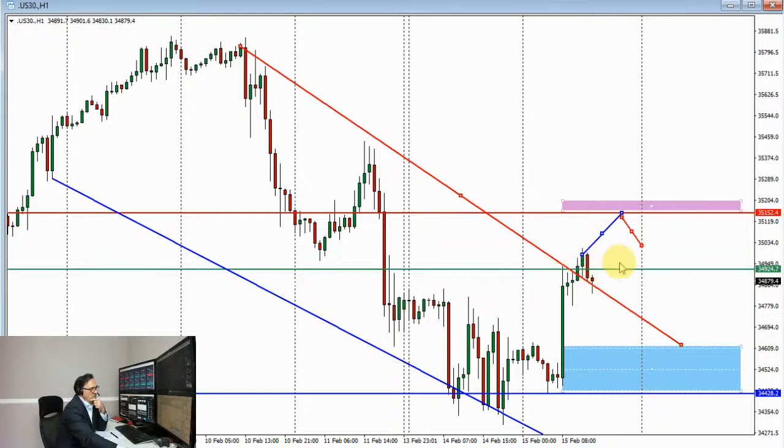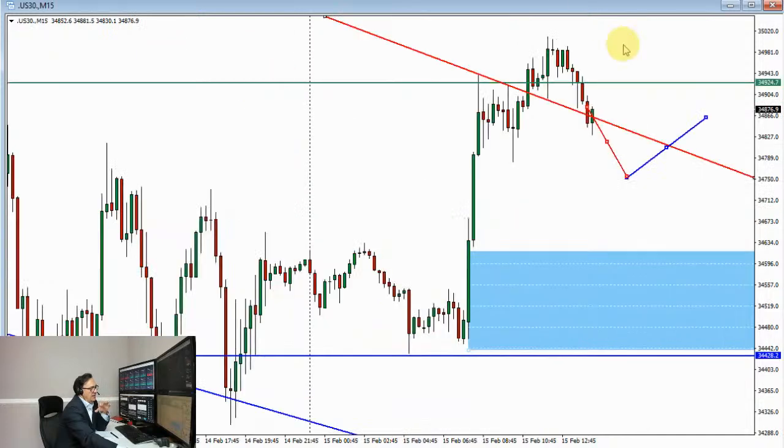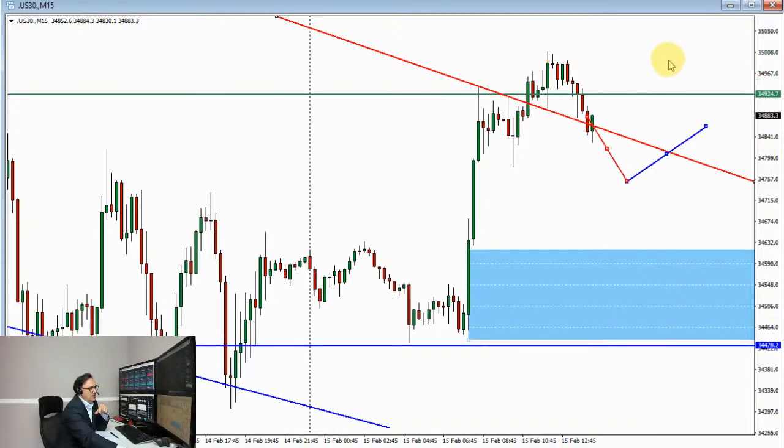Otherwise, if we see a rejection here and a dip below this zone, then that could possibly open the way for another leg lower and then a retest of these previous highs at 34,600. So keeping this open, I would be happy to short below, but I wouldn't be shy to buy at the breakout of these highs with the stop below.